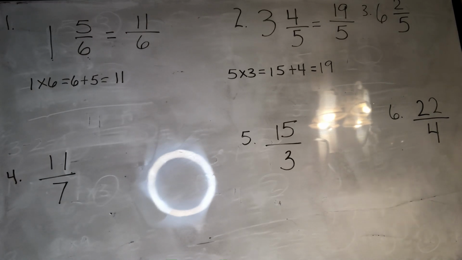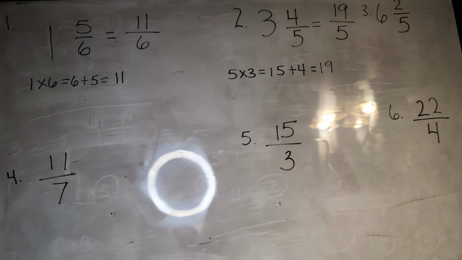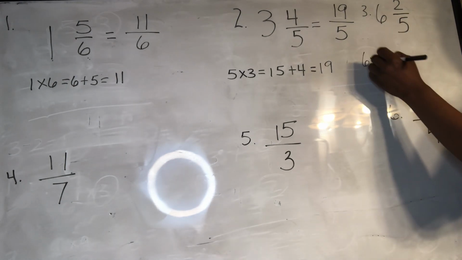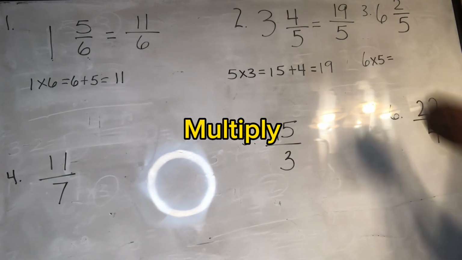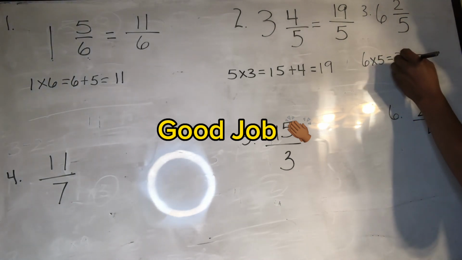Alright, so we're doing the same exact thing. We're doing 6 times 5. We can count by 5s, which is the easiest way to get the multiplication of 6 times 5. So what is that, Jamir? 5, 10, 15, 20, 25, 30. Alright, so we got an answer of 30.